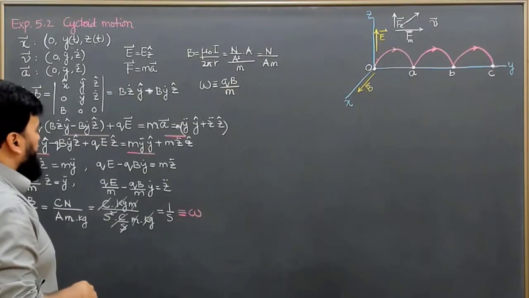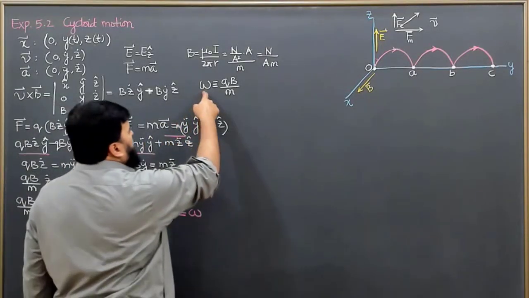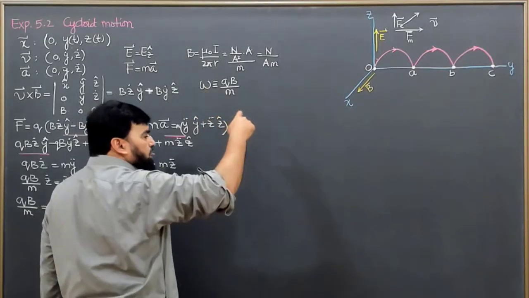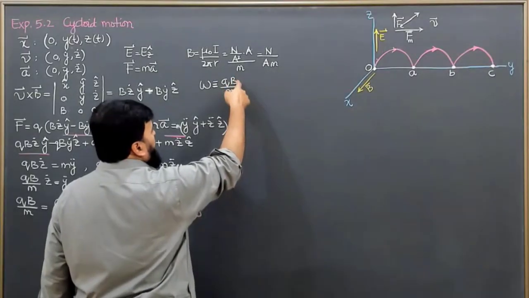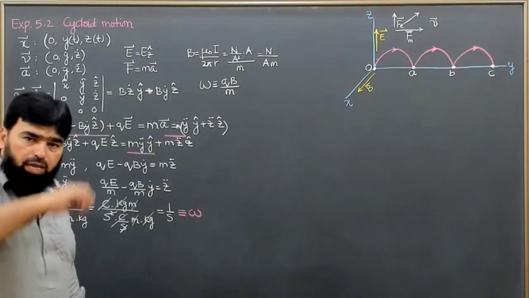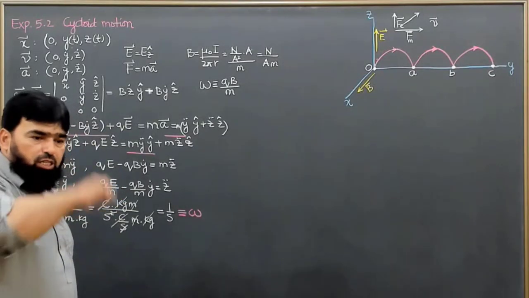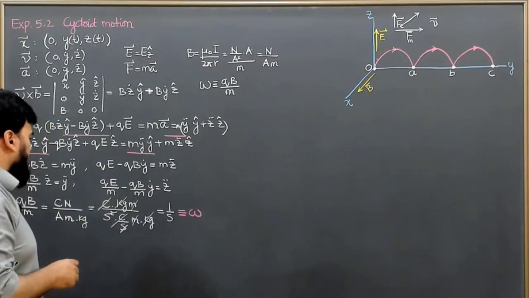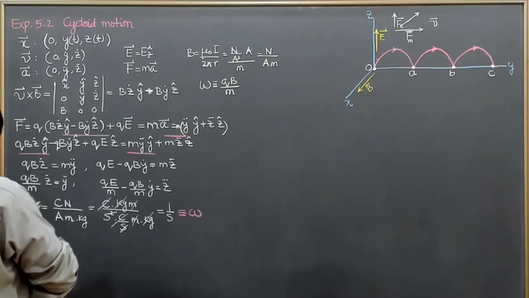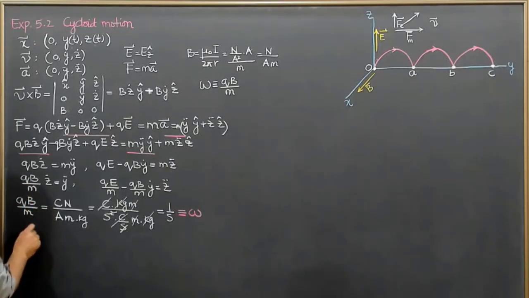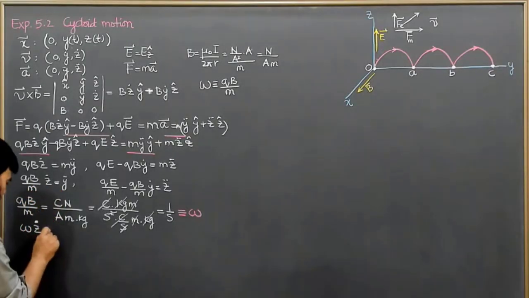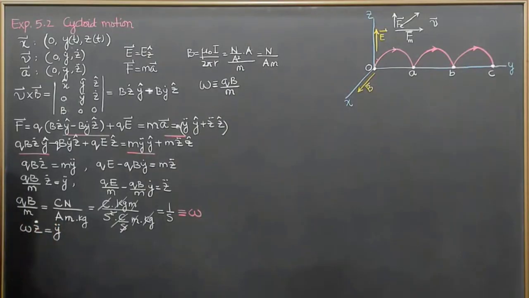Now this is the frequency with which the particle would be going in a circle in the absence of electric field. Only the magnetic field is doing the job. This is the cyclotron frequency with which the particle will be going in a cycle. So here for QB over m, I can write omega z dot is equal to y double dot.